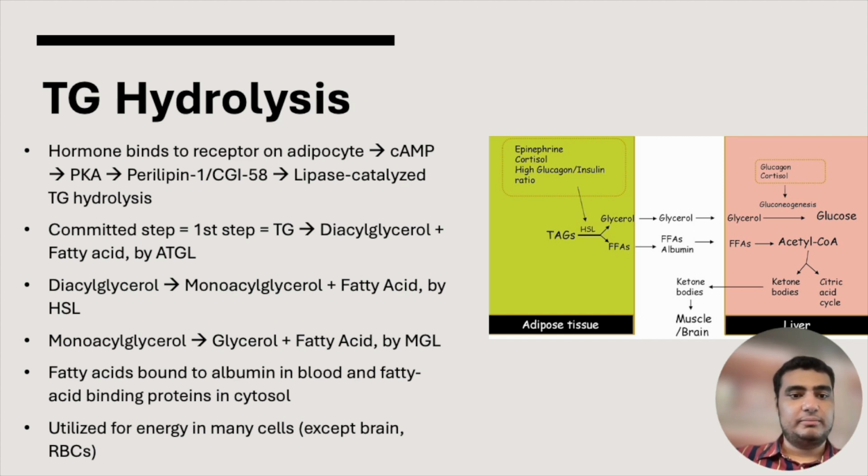The first step is the committed step, where triglycerides are broken down by ATGL, which is an enzyme, into diacylglycerol and one fatty acid. Following that, diacylglycerol will be broken down into one monoacylglycerol and one fatty acid by the enzyme HSL. And finally, the remaining monoacylglycerol would be broken down to glycerol and one fatty acid by the enzyme MGL.